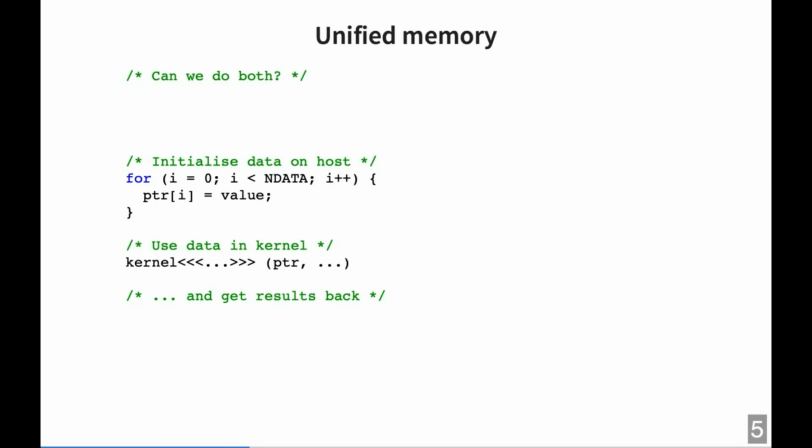So CUDA does provide a mechanism to do this, and it's called managed memory. So the appropriate allocation for managed memory would be to call this CUDA malloc managed, and there's my managed memory pointer, and I want to allocate a certain number of bytes.